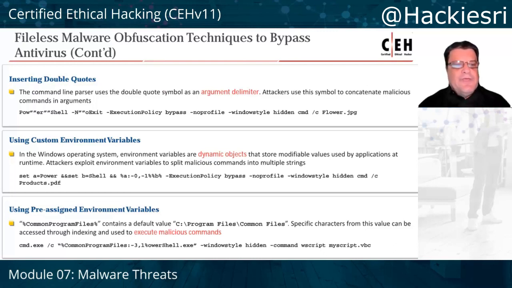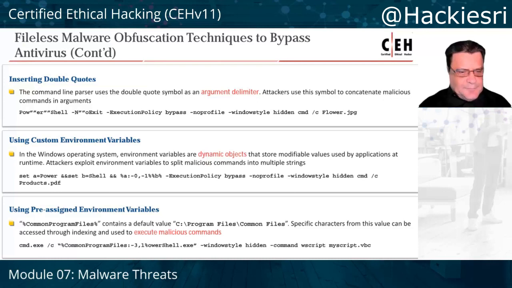Next, we have using custom environment variables. In the Windows operating system, environment variables are dynamic objects that store modifiable values used by applications at runtime. Attackers exploit environment variables to, again, split malicious commands into multiple strings. And finally, using pre-assigned environment variables.